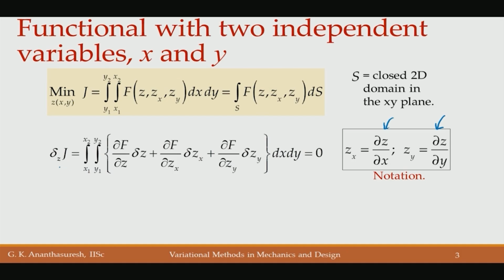We take the Gateaux variation like this, equate to 0, and then we eliminate delta zx and delta zy, because delta z is the variation, the small perturbation on z, but here we have the partial derivative of the variation with respect to x and with respect to y.